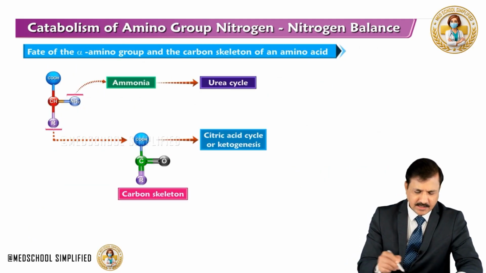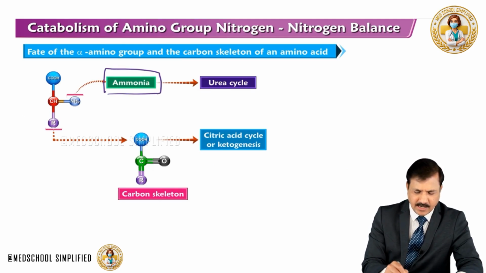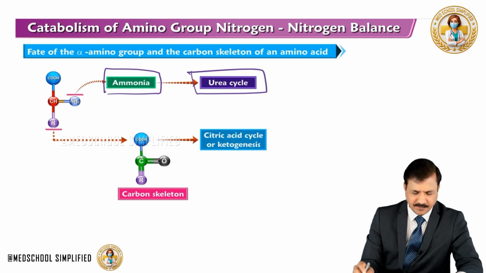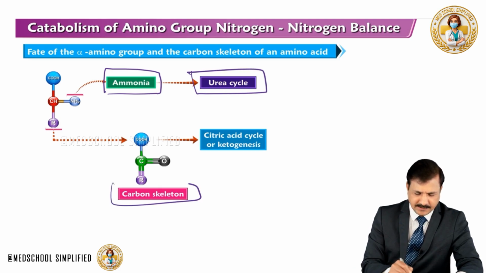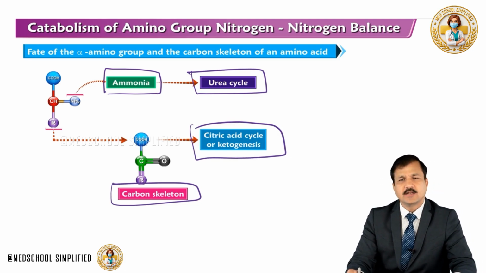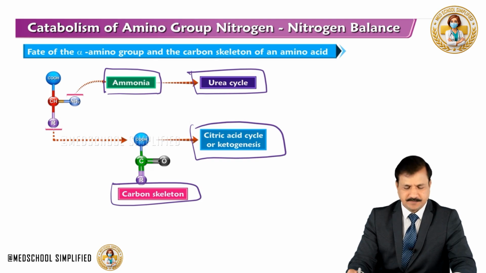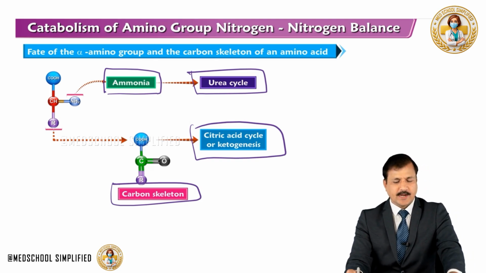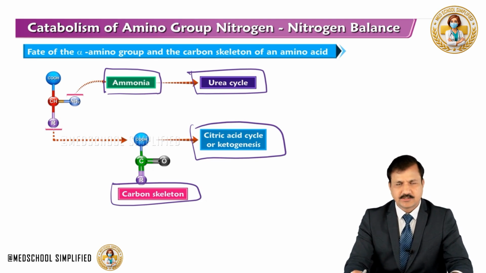As you can see, the amino group is released as ammonium ion, and that goes into the urea cycle, whereas the carbon skeleton will go into either the citric acid cycle or glucose formation and ketone body formation. So that's all about catabolism of amino group nitrogen and nitrogen balance.